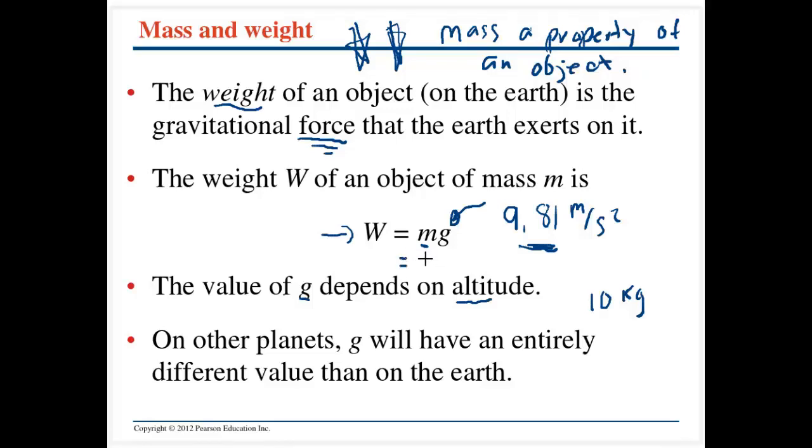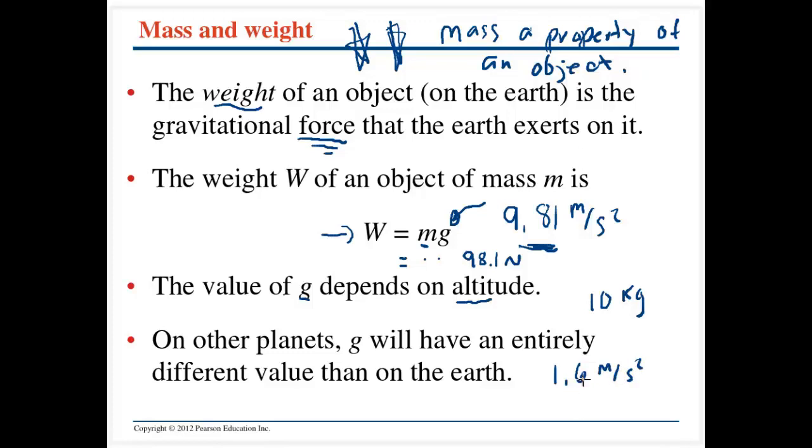In this case it would be 10 kilograms multiplied by 9.81 meters per second squared, so that would be 98.1 newtons.